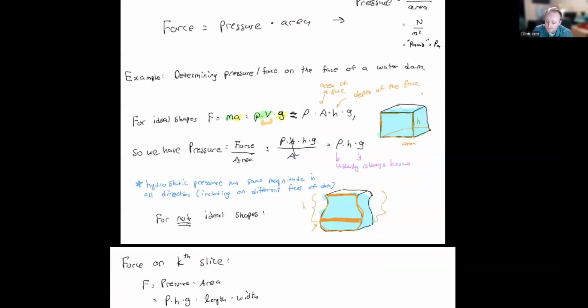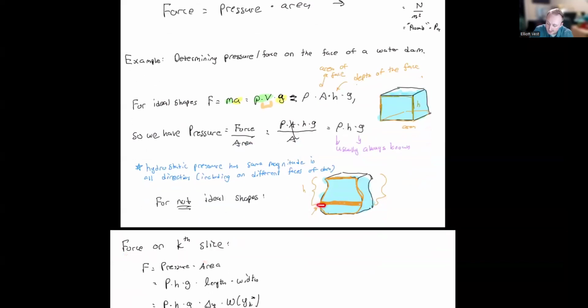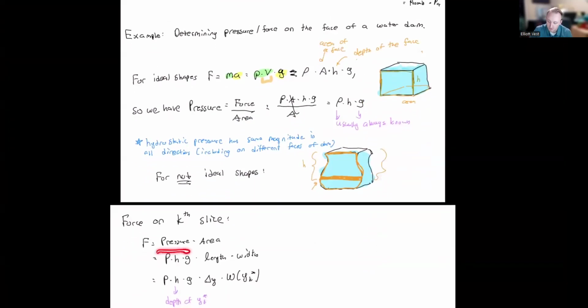So when we look at the force on a kth slice in these non-ideal shapes, force again is pressure times area. Pressure is determined by the density of the water, which we already know, gravity, which is always constant, and the depth along that shape. And area means area of the strip we are looking at, which is usually a length times a width. We would have some length and we would have some width here like that.